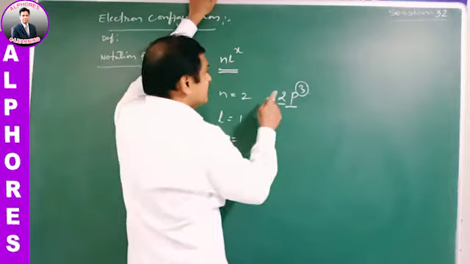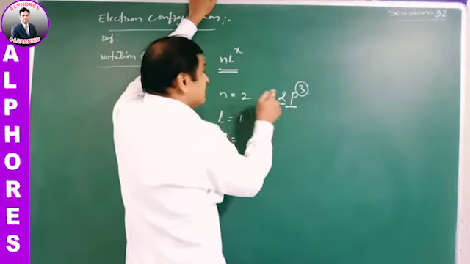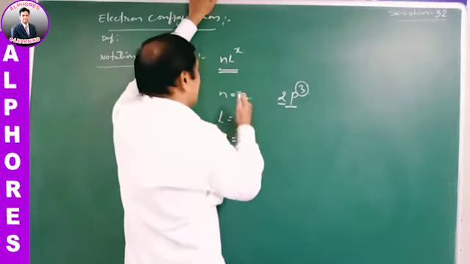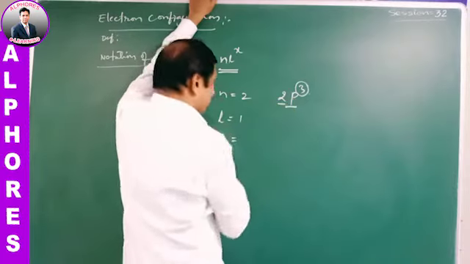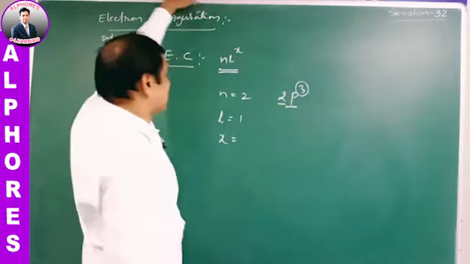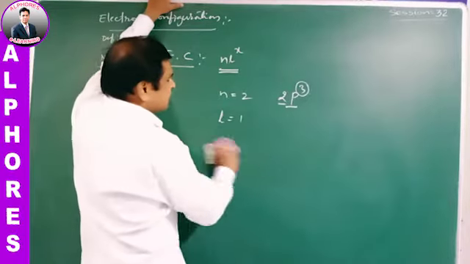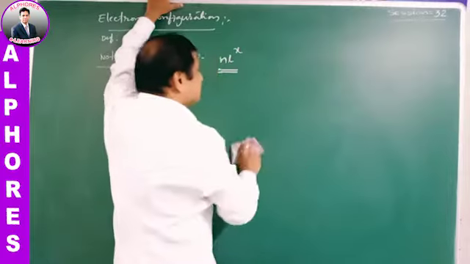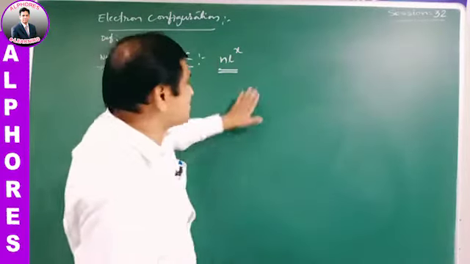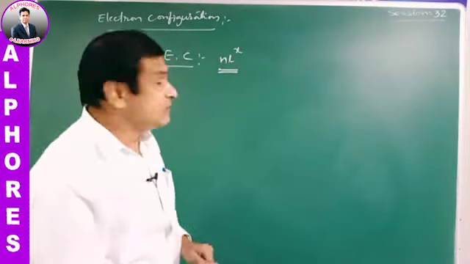This represents N and this represents L: second orbit, and p subshell. So in the NLX method, N is representing orbit, L is representing subshell and X represents number of electrons present in that subshell.